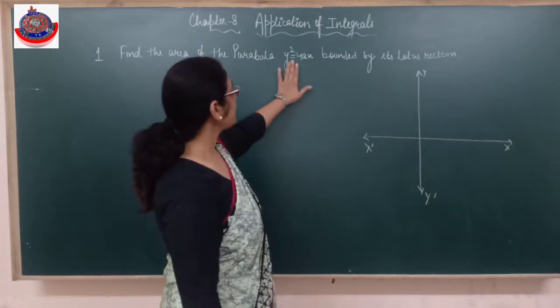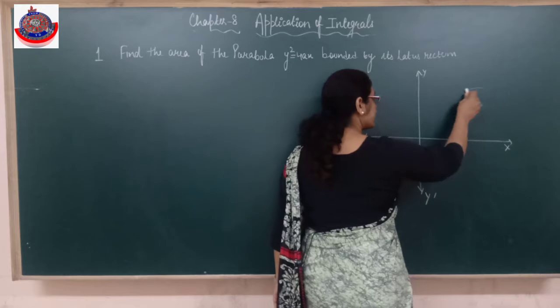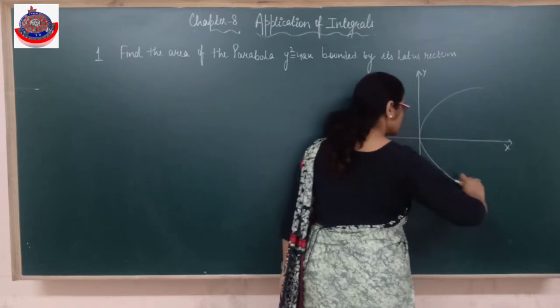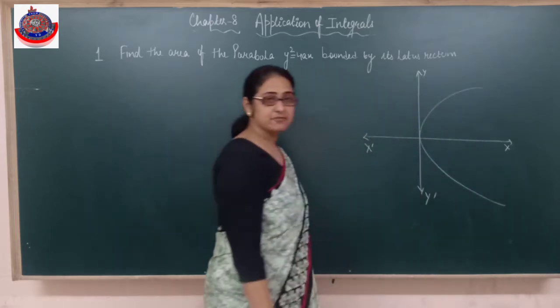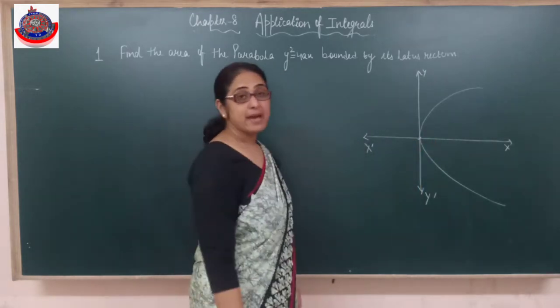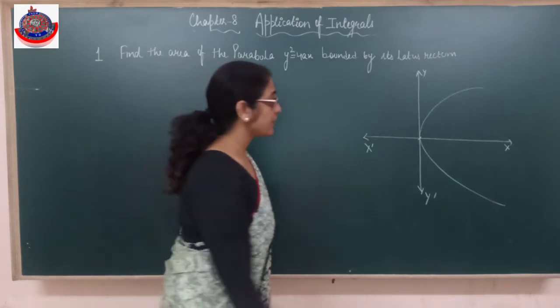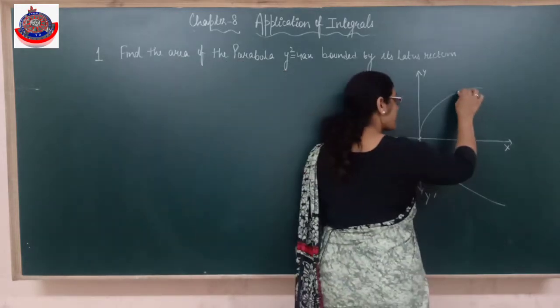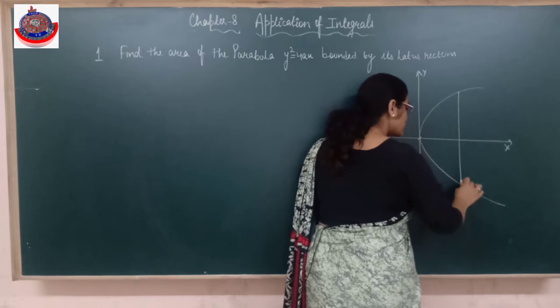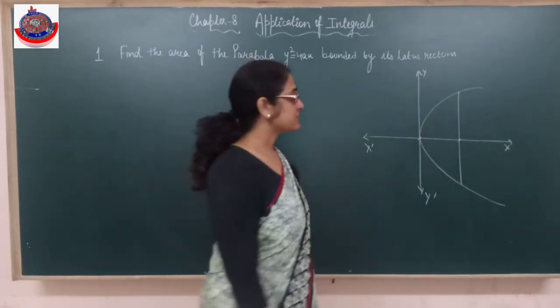Now it's a parabola. What kind of parabola? y square is equals to 4ax. We know this parabola in standard form opens towards the right. This is the vertex of the parabola. What is the latus rectum? Latus rectum is the chord passing through the focus.